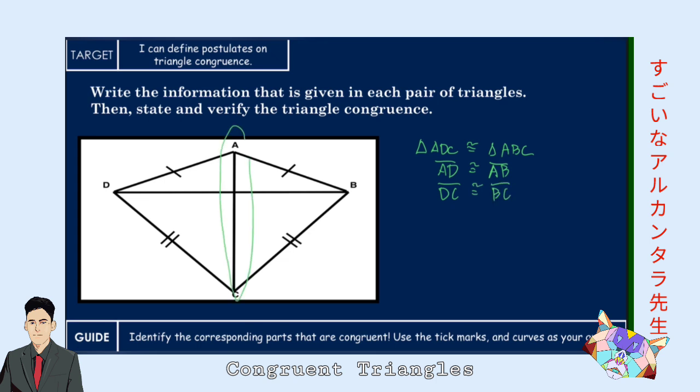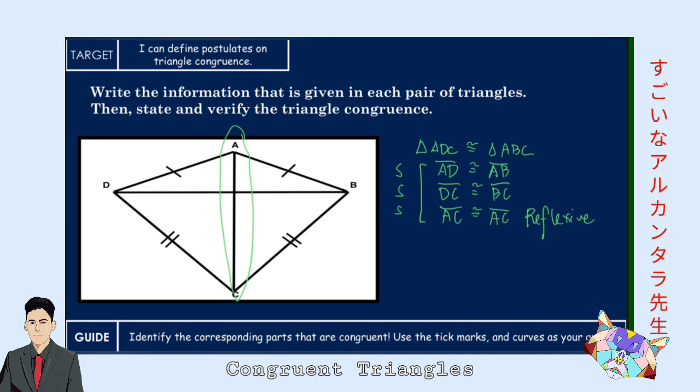And lastly, again, they share AC. They share aircon. So this is by reflexive. Everything here that we're dealing with are sides, so this is the SSS postulate. Okay, we don't have to dwell much on it. If you want to separate the figures, go ahead and separate them.